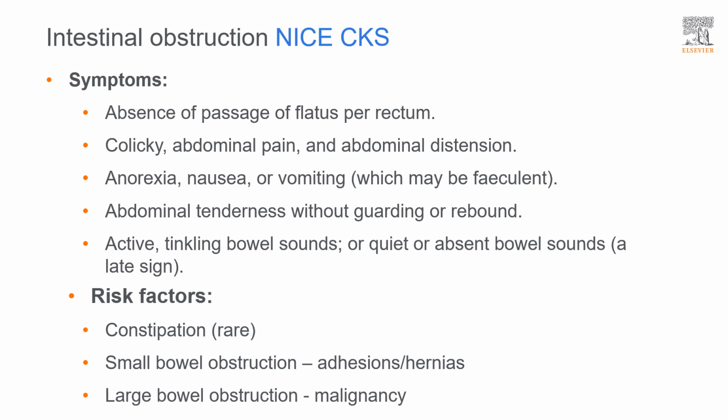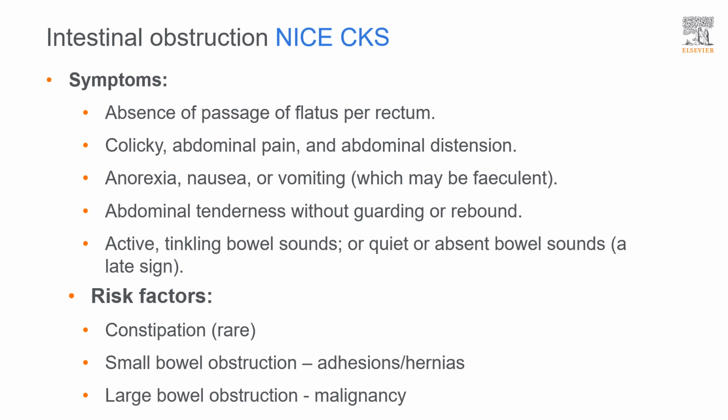Obstruction presents with the following symptoms: absence of the passage of flatus or stool per rectum, colicky abdominal pain and abdominal distension, anorexia, nausea or vomiting, which may be feculent, abdominal tenderness without guarding or rebound tenderness, and active tinkling bowel sounds, which is typical in the early stages, relating to the increased peristaltic effort of the bowel attempting to pass the obstruction. This may progress to quiet or absent bowel sounds as the obstruction worsens, and absent bowel sounds are a late sign.